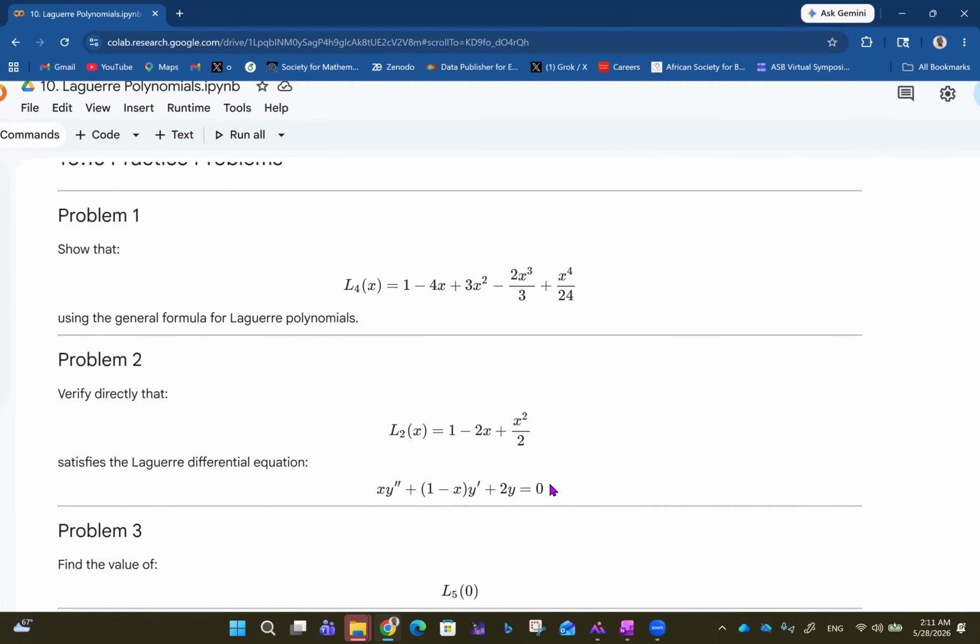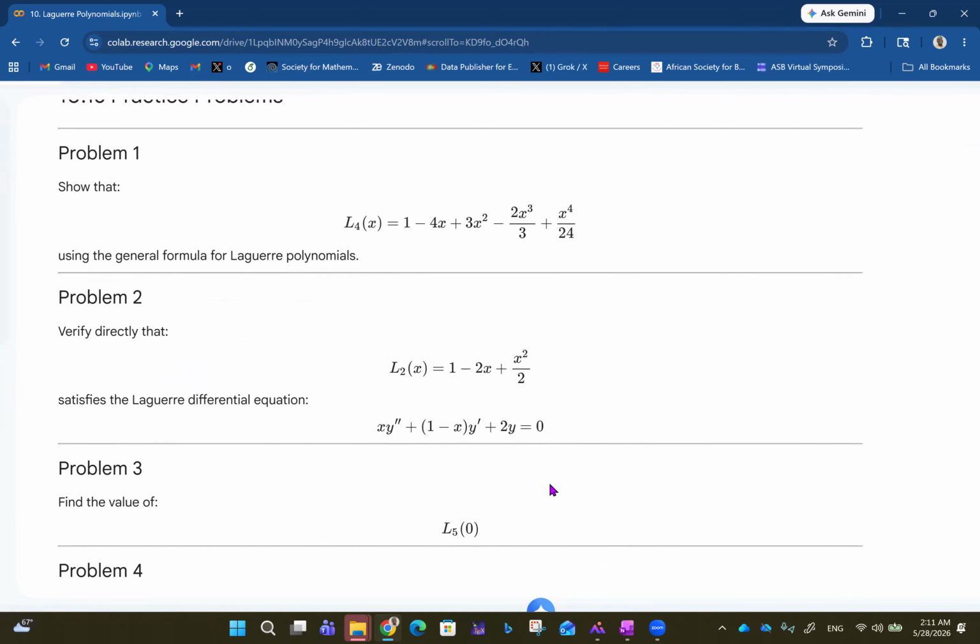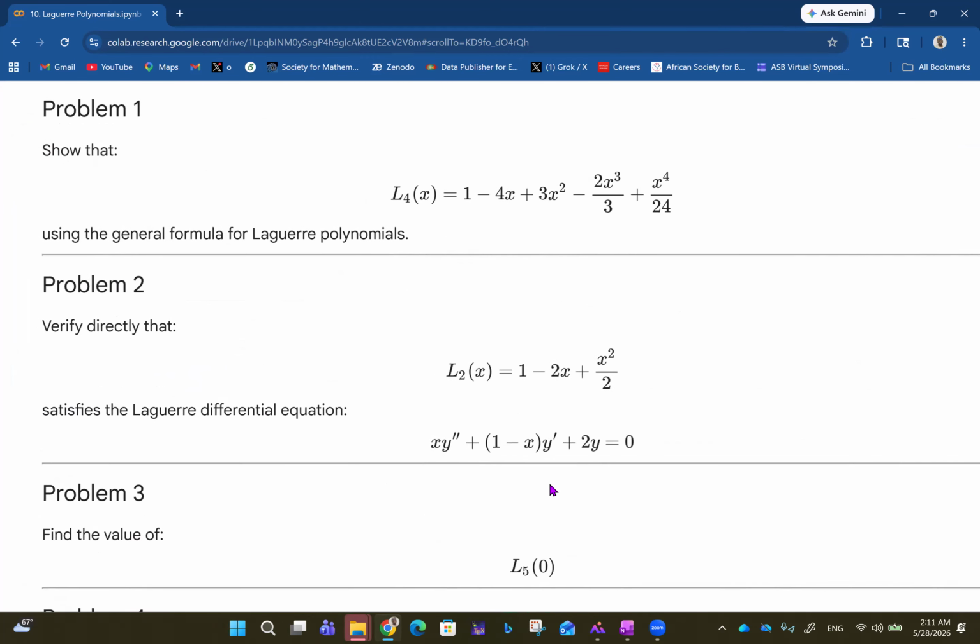Let me see how many we can fit in at the same time. Okay, let's do it. We can do 3, right?